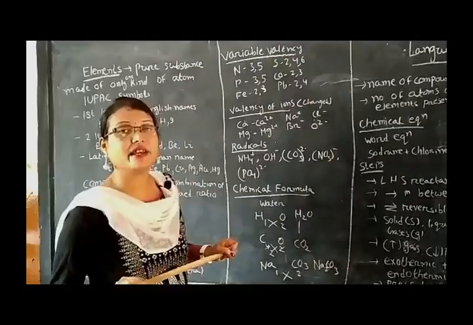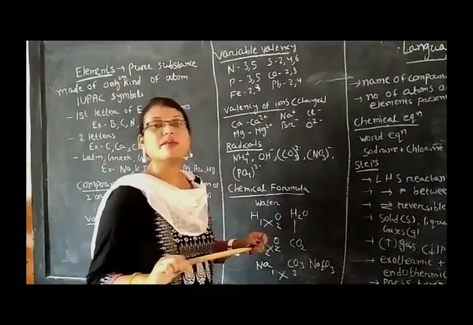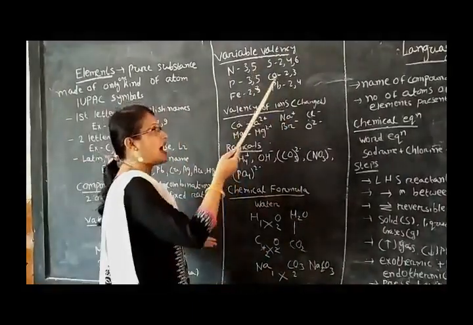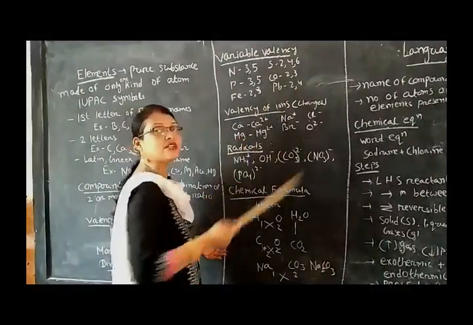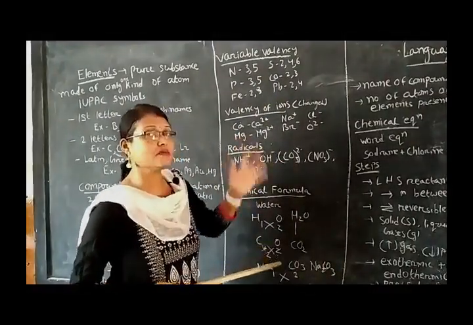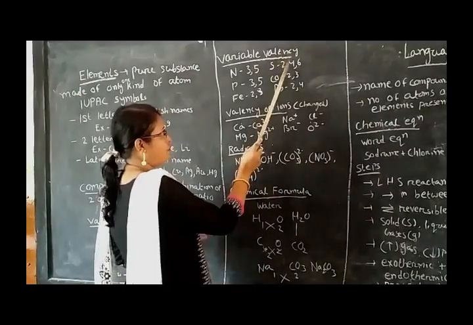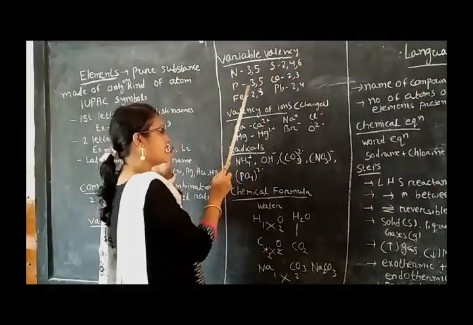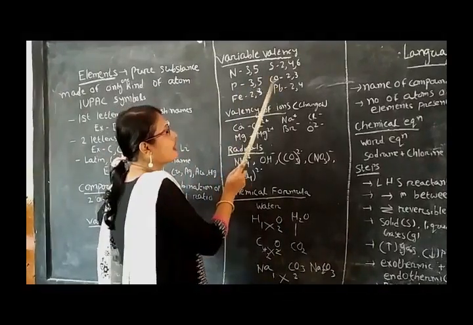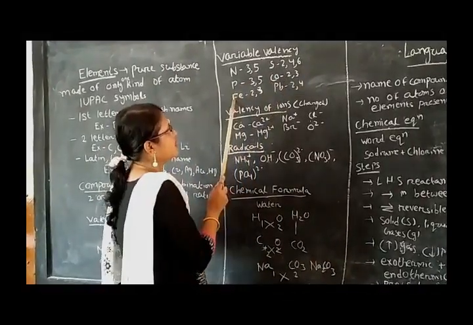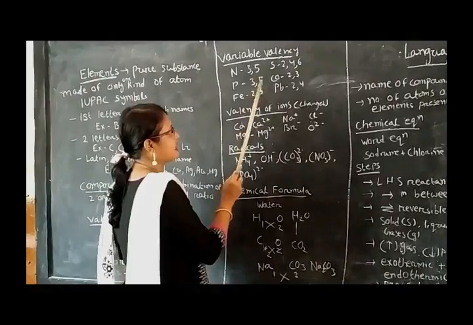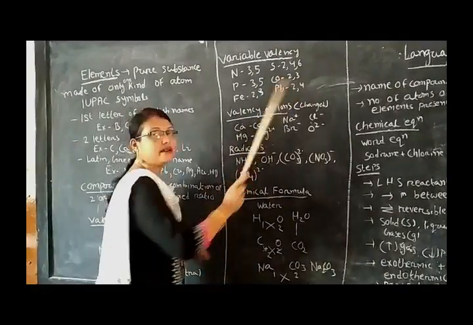Many such elements are there, and I have given some here. You can see in your book, a large number of elements must be written there. Sulfur possesses 2, 4, 6. Phosphorus possesses 3, 5. Cobalt, 2 and 3. Iron possesses 2 and 3. Lead possesses 2 and 4.